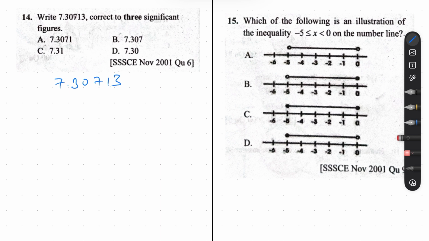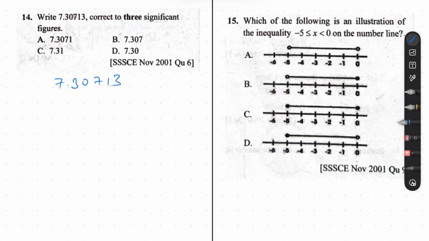So let's count the significant figures, 1, 2, 3. So we are supposed to end right here. But then the number after the third significant figure is greater than 5, which is 7, right? So when we round, we need to add 1 here.